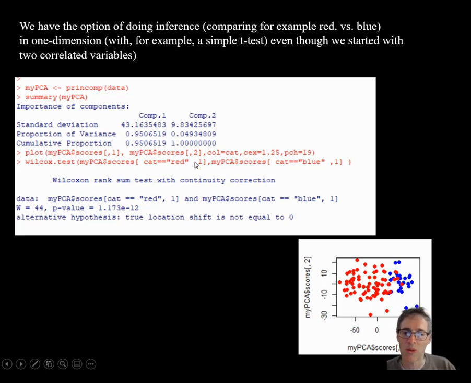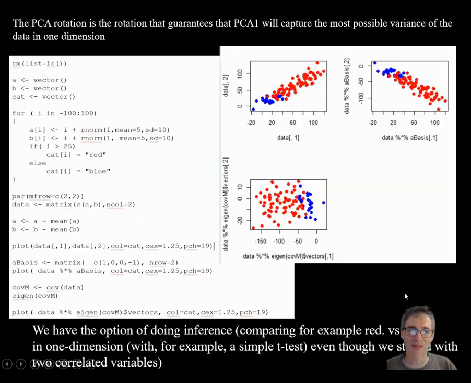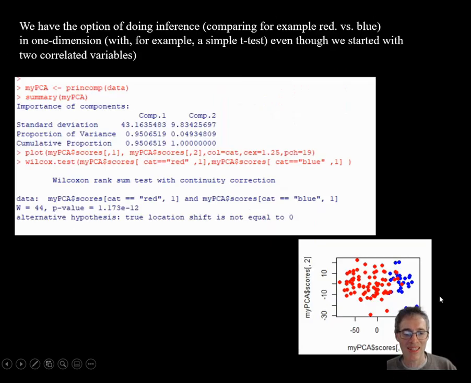And then, for example, I can do a Wilcoxon test comparing the PCA score along this first principal component. I can compare the red versus the blue dots here, do inference, and get a really small p-value, because obviously the red dots and blue dots are different. So I've rotated the data into this new coordinate space, and in this new coordinate space I can do this really nice inference.